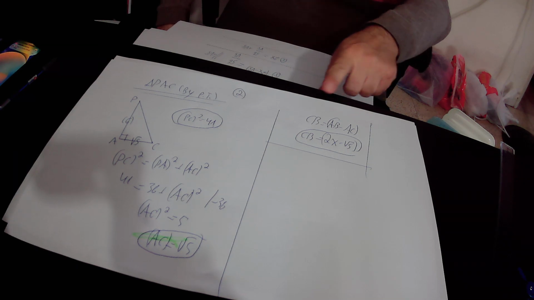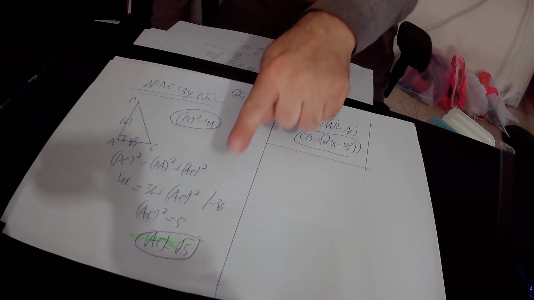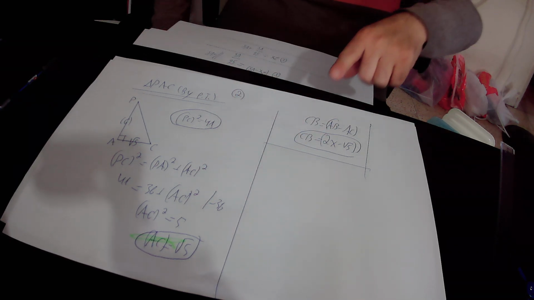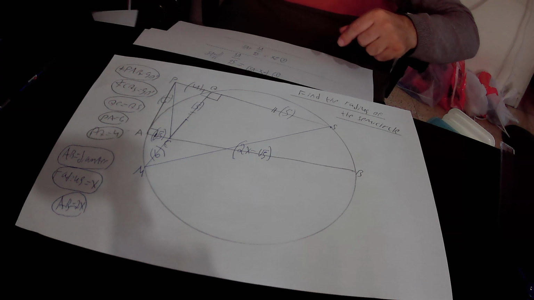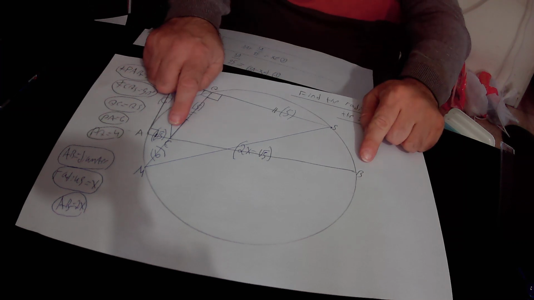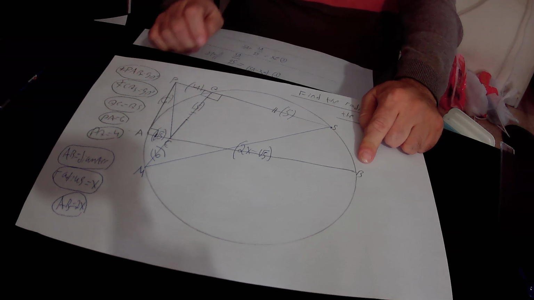That is to say, CB equals AB, that is 2x, the diameter of the circle, minus AC. AC equals the square root of 5 units. So in total, CB equals 2x minus square root of 5 units. So I can write here that the length of line segment CB equals 2x minus square root of 5 units. Okay?